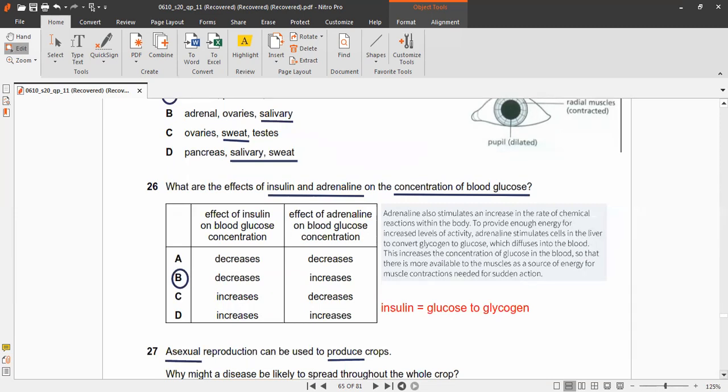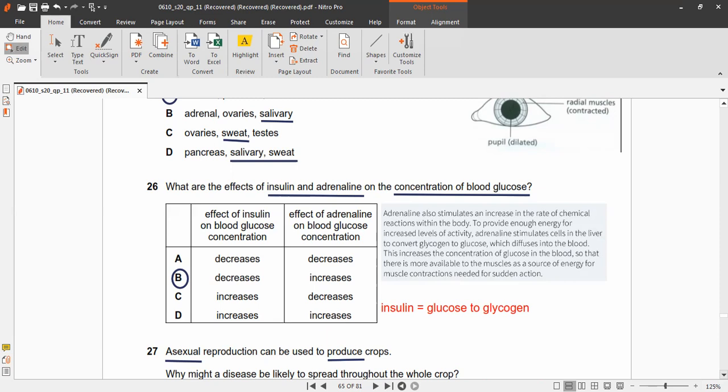Adrenaline stimulates an increase in the rate of chemical reactions within the body to provide enough energy for increased levels of activity. Adrenaline stimulates cells in the liver to convert glycogen to glucose, which diffuses into the blood. So the effect of adrenaline on blood glucose concentration is an increase, so that there is more available to muscles as a source of energy for muscle contractions needed for sudden action.